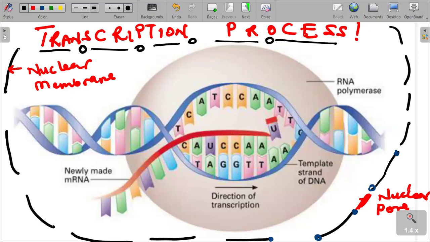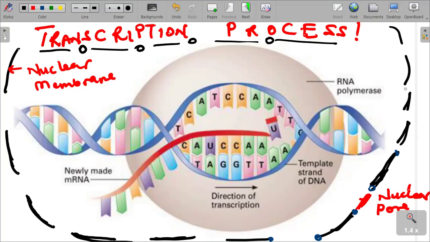It is labeled here, and we are seeing it shown by these broken, black marks that are surrounding the DNA structure there. So all these points are marking the nuclear membrane.